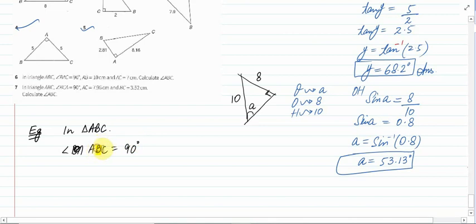The middle alphabet shows the angle, right? So ABC means that 90 degrees must be at angle B, and you have the value of AC, that is 15, and the value of AB is equal to X, and the question is obviously find X.